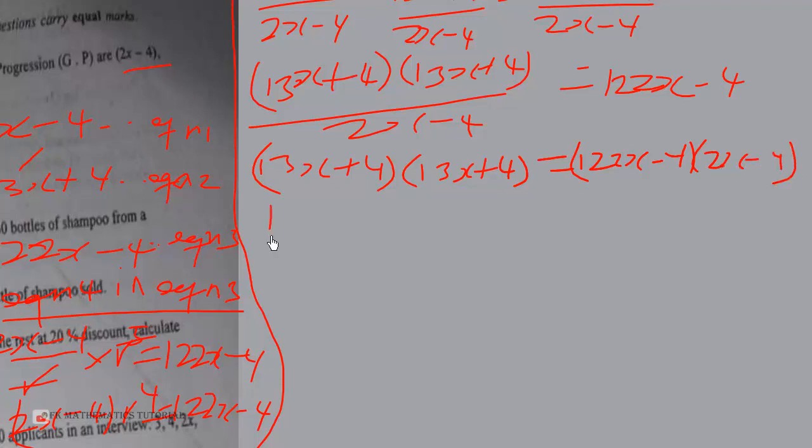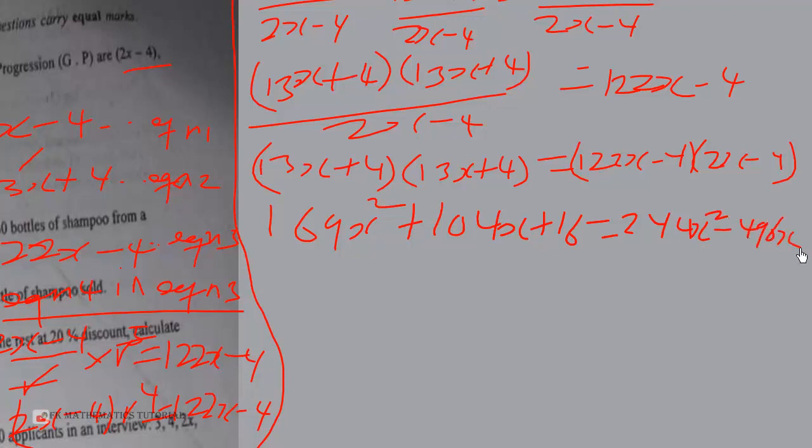So when we expand, we get 169x squared plus 104x plus 16 is equal to 244x squared minus 496x plus 16. So you see, plus 16 will go. So we are going to get 169x squared minus 244x squared, that will give us minus 75x squared.